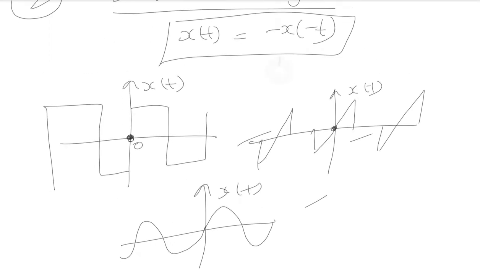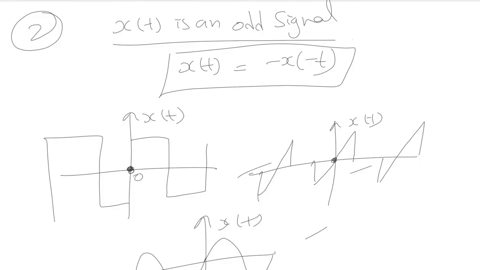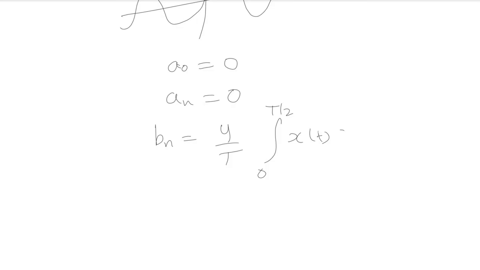And so when x(t) is an odd signal, the Fourier series coefficients get reduced to a0 equal to 0, an equal to 0, and we are left with only bn, which is 4 by T integration 0 to T by 2, x(t) sin n omega naught t dt.